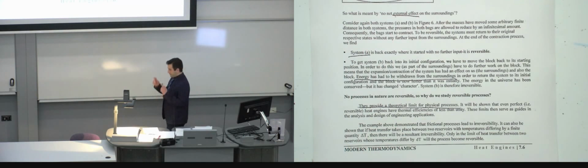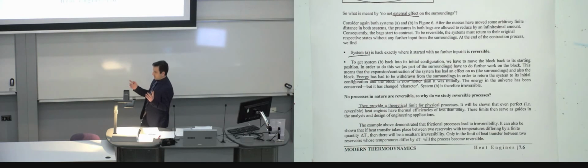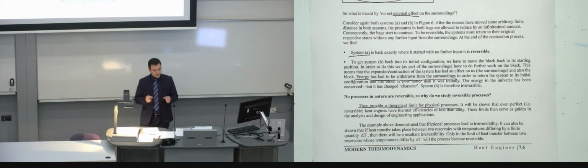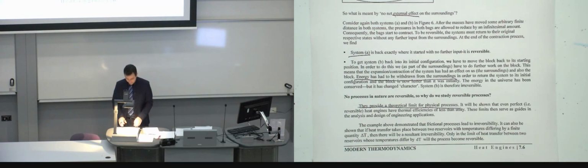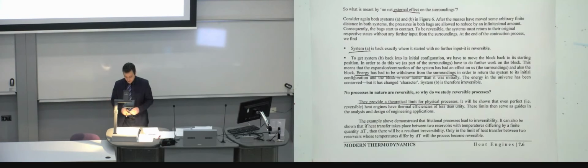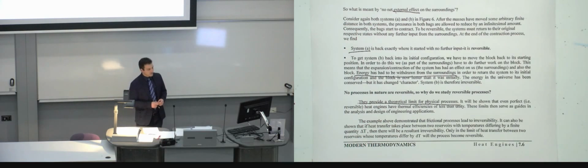Even perfect, what we mean by perfect is if all the components of the heat engine are reversible, still the efficiency will be less than 1, as we'll see today. And as a result, these limits serve as some sort of guideline for us.